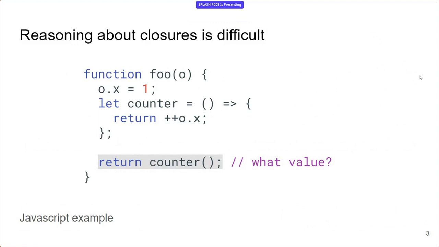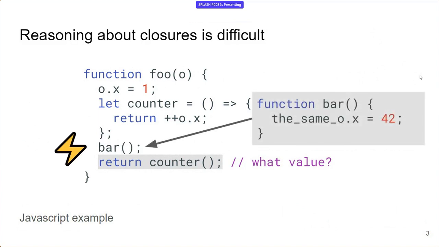But as soon as we add this quite innocent looking bar function, things already start to break down. Because I could have implemented this bar function this way, where I set the X field of this object to 42, and there's basically nothing protecting us from this O passed to foo being the same O. And so in this case, the function would actually return 43.